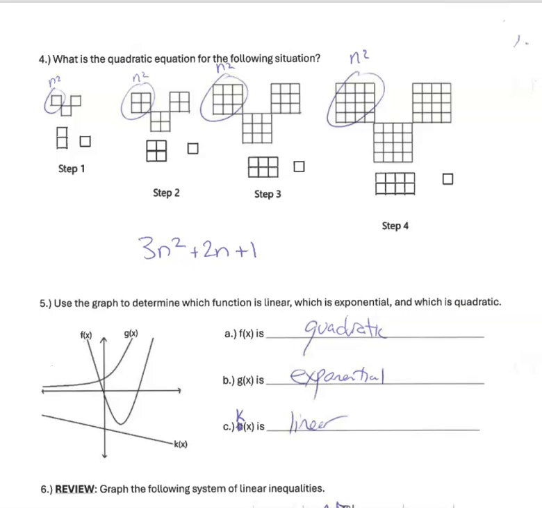And when you look at that, it's basically the step multiplied by 2, so it's plus 2n. And then you had that floating 1 for every single one of them, so I just added the 1. And that would be the equation. It's not really an equation, this is technically wrong. I should have written S of n equals or just S equals because it's not an equation yet, but it's supposed to be an equation. S of n equals 3n squared plus 2n plus 1.